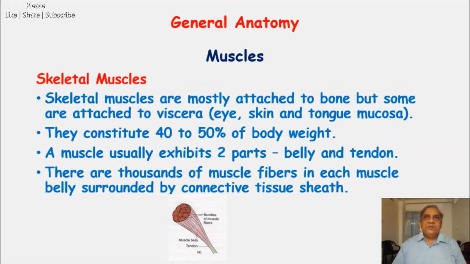Then some skeletal muscles gain their attachment directly onto the skin after taking origin from the bones. For example, the muscles of the face. We can make many facial impressions, and the facial muscles are responsible for showing the various movements of the face.